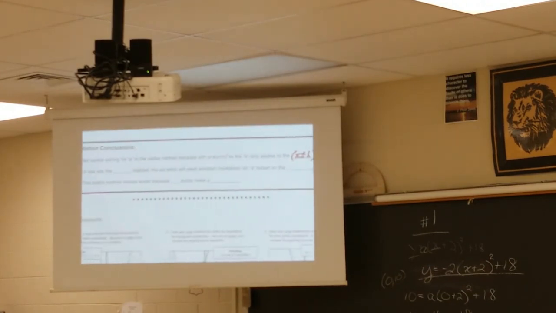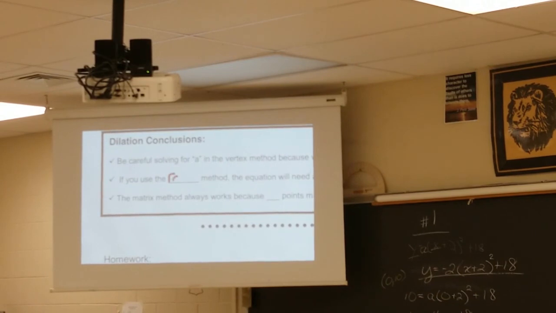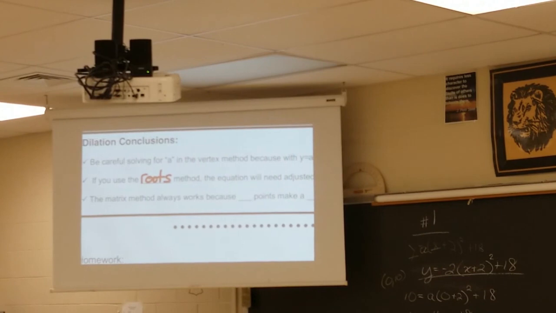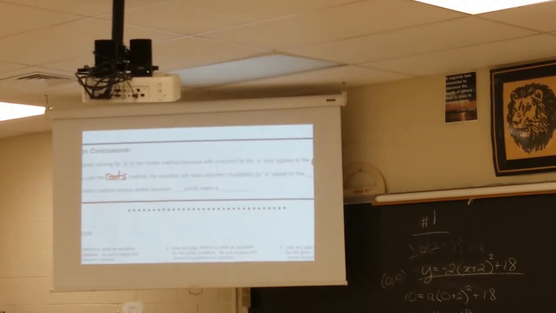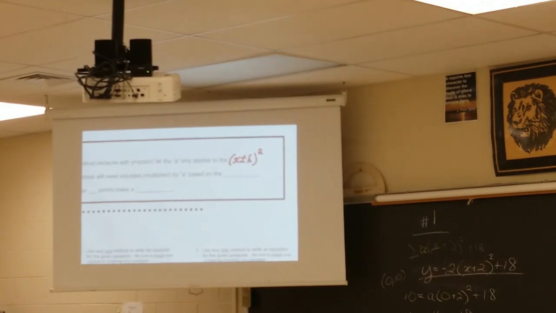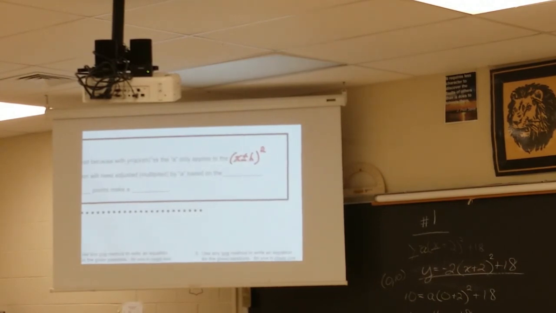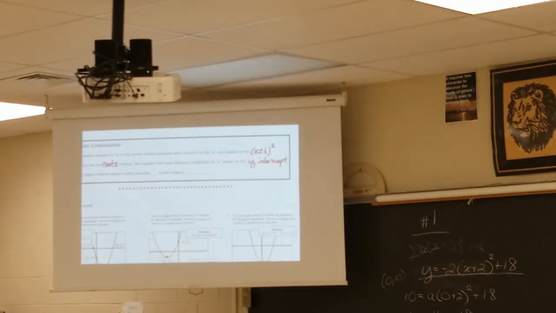I like the roots method on a personal note, because it does use 2 points, and all you really have to do then is just check the y-intercept and see if you have to multiply it by some letter a. When I say look at the y-intercept, I mean look at it on the graph, and you can just fix your equation.